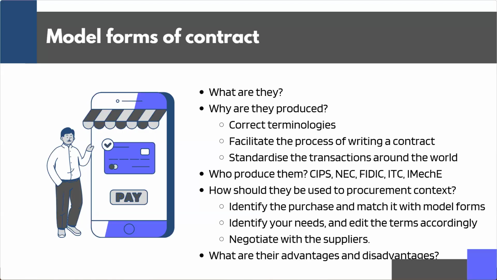And they also review this very carefully and ensure that there's no conflict with the implied terms. So we can use the model contract with confidence that they are drafted very carefully. And we can use that directly from certain professional bodies.